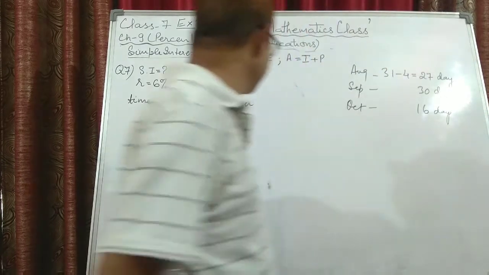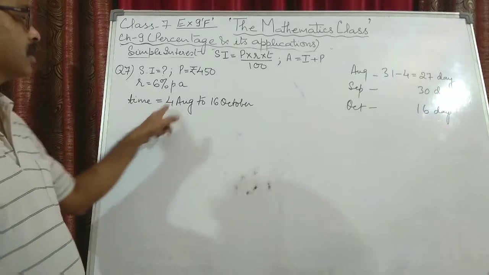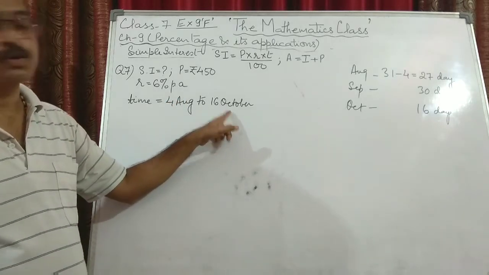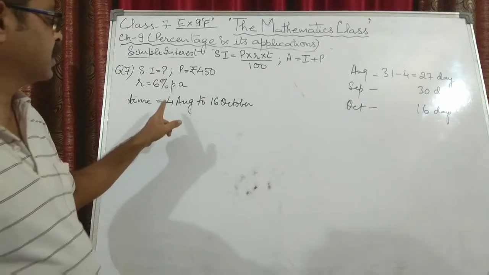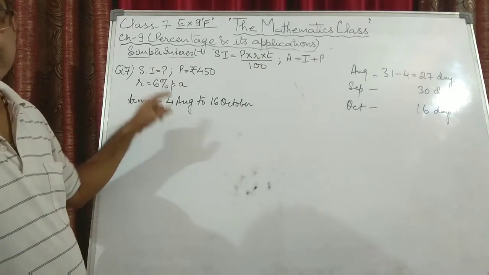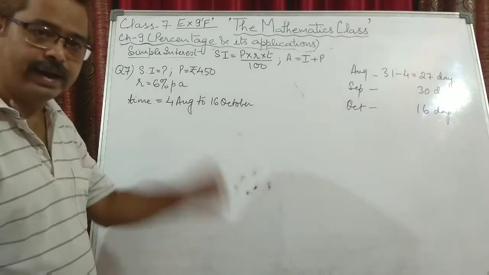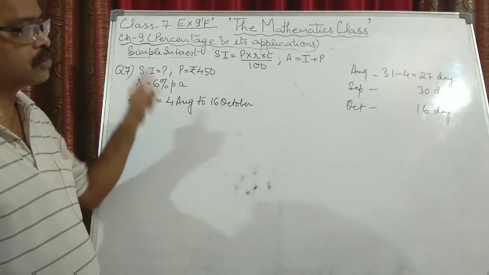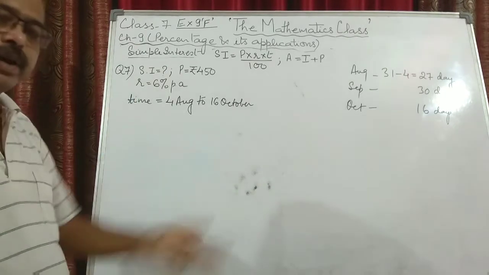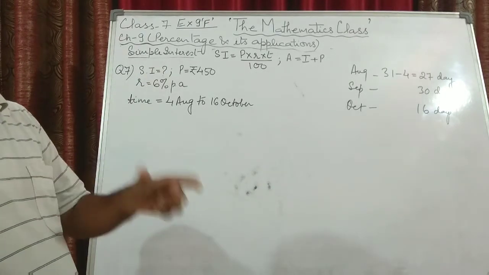The time is given from 4th August to 16th October. So all the days in October will be counted, whichever date is given, but the money when it is deposited, we don't consider the date on which the money is deposited. So it was deposited on 4th, so we will subtract 4 days from the total number of days in August.